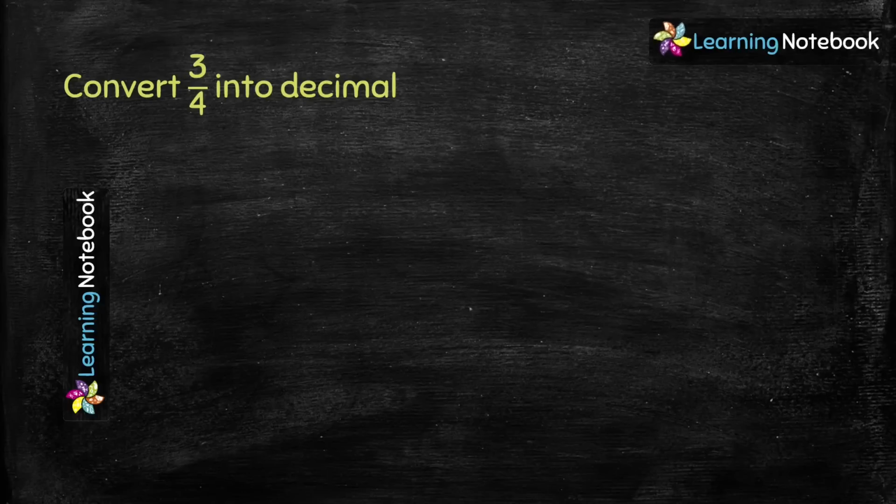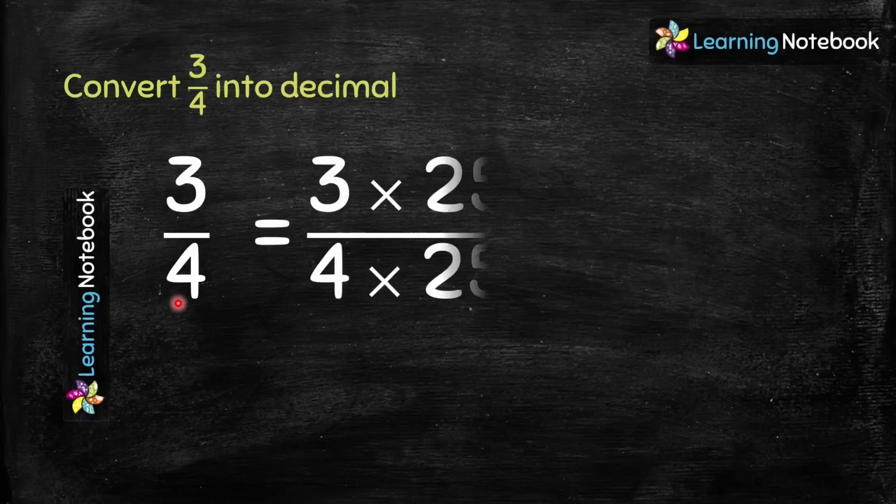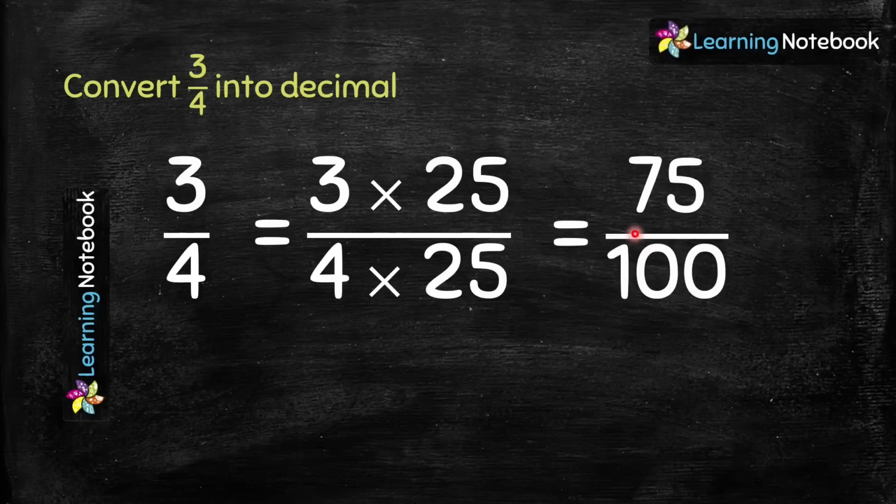So we have to find a way to make this denominator 4 as either 10, 100 or 1000. So if we multiply both numerator and denominator by 25, we get 75 upon 100. And now we can easily convert this fraction into decimal number.